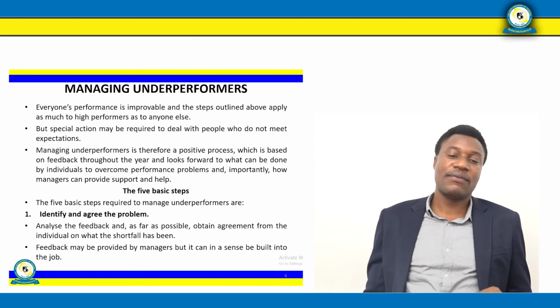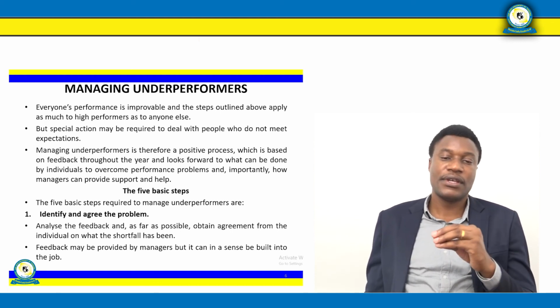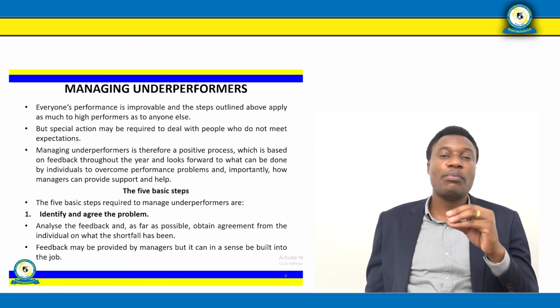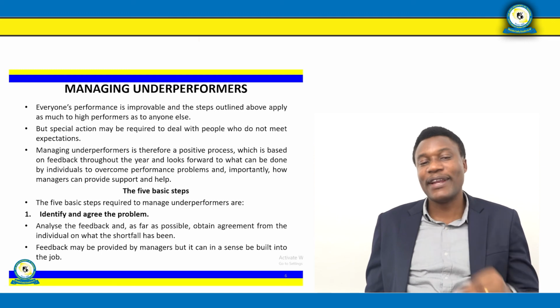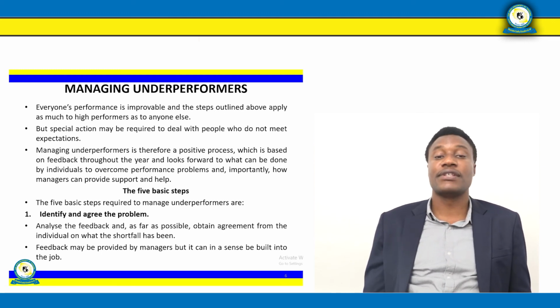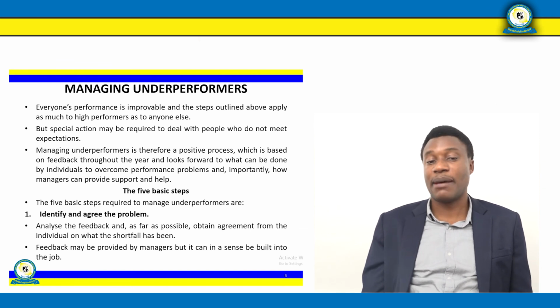So let us see now these 5 basic steps to manage underperformers, those people who do not perform well in the organizations. Let's move together to these 5 basic steps.